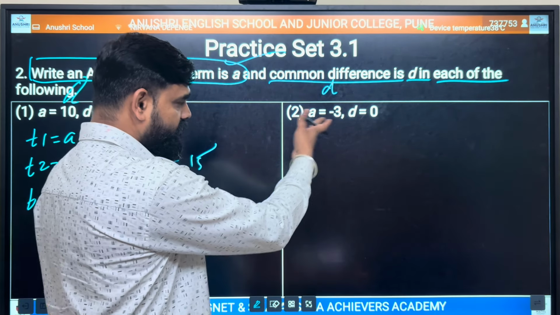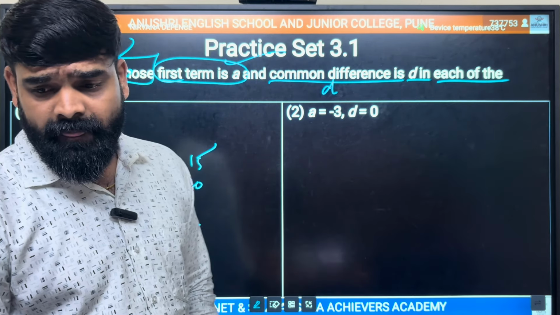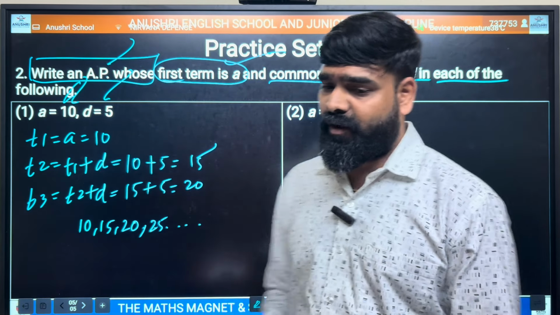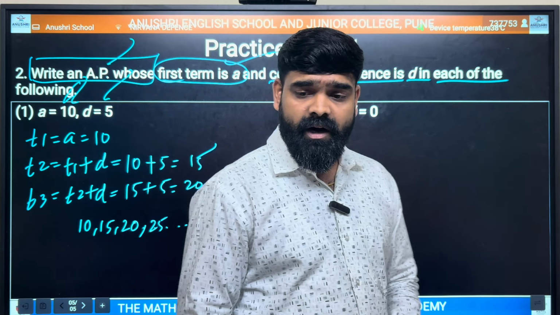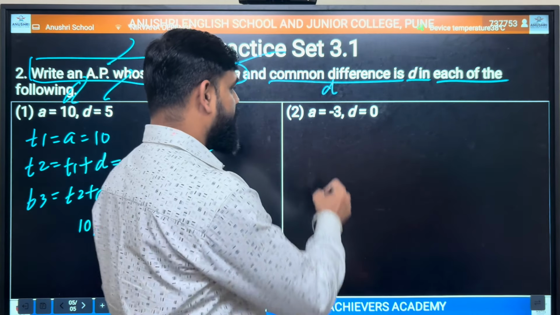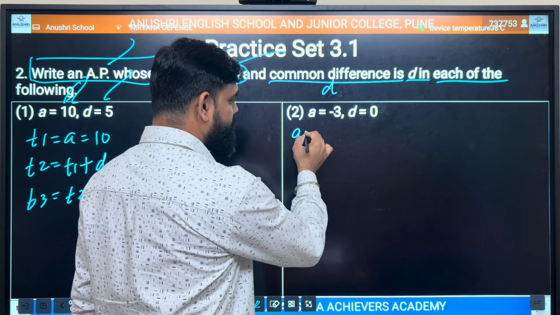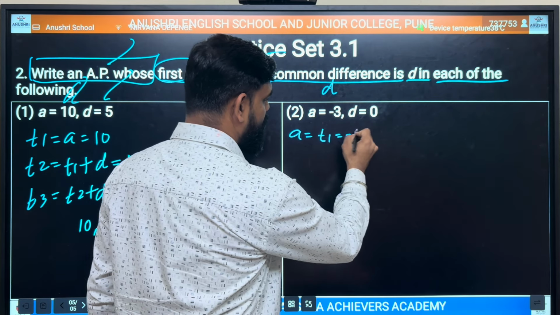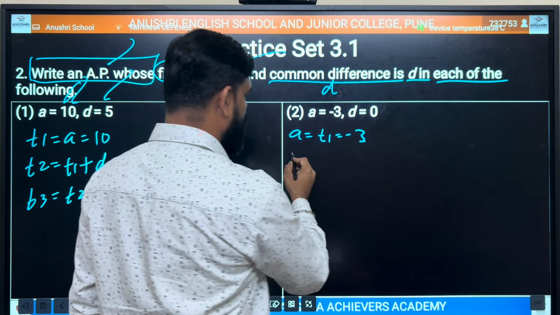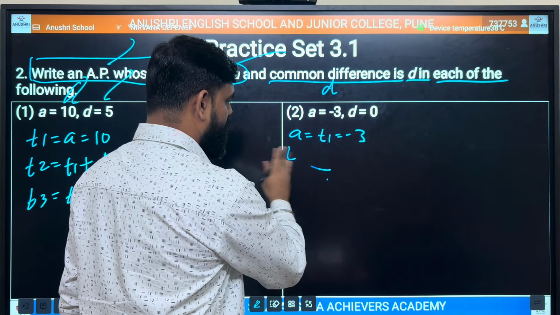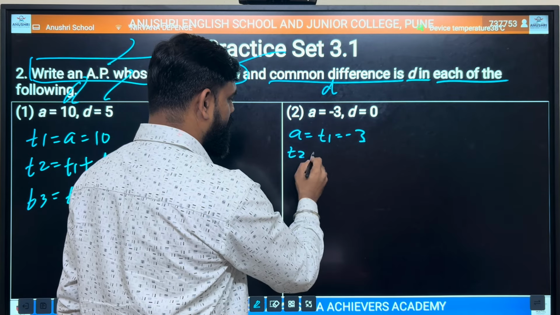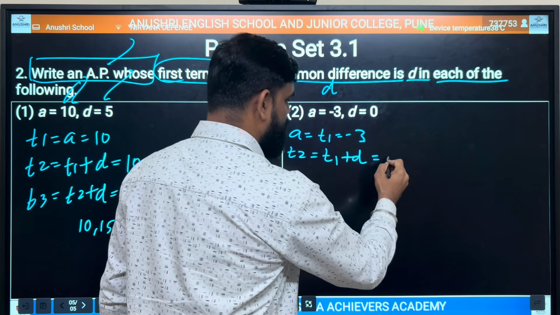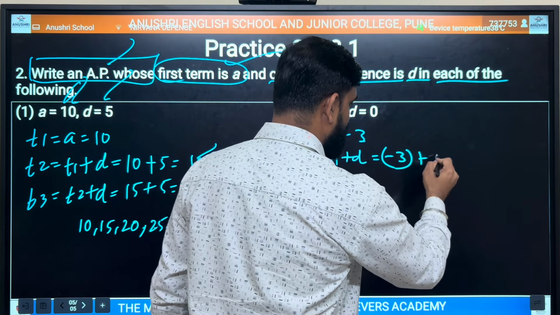In question number 1 we found 10, 15, 20, 25, and in question number 2 let us solve the question. Here we have A equal to minus 3, which is nothing but T1, minus 3. So how to find the T2? T2 is T1 plus D. T1 is minus 3 plus 0.